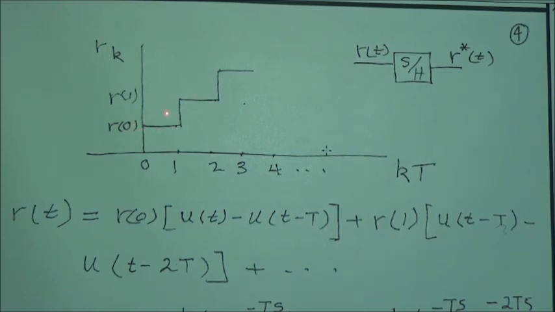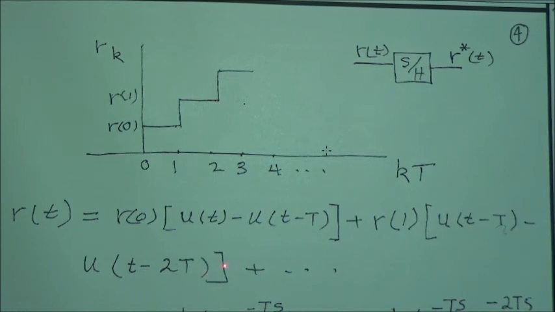Next one is R of 1, which comes at U of t minus T, at t equal to T, R of 1, which comes here and goes like that. What you do, at the next value of t, you have another negative step to cancel the rest of it.